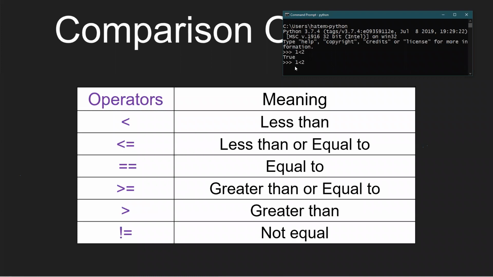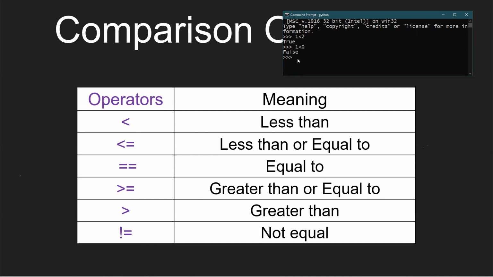Yeah, correct. Is 1 less than 0? False. Okay, that's what we get. So we are asking, and Python will reply. So when we say if something, we are asking, is it true or false? If it's true, it will execute the code. If it's false, it will not execute the code. That's all. Then we have the less than or equal.